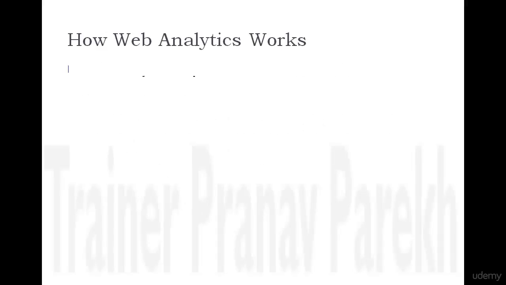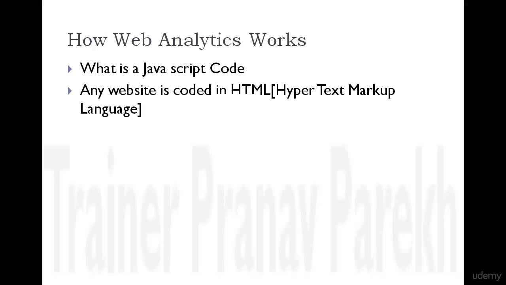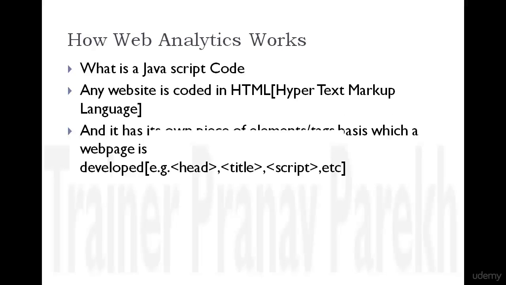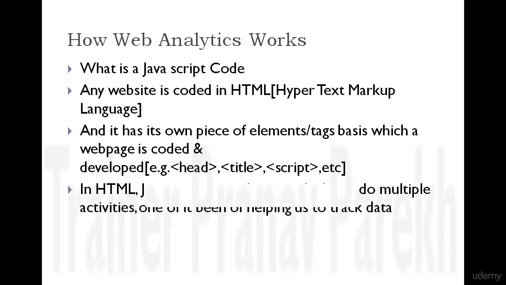To understand the mechanism of data collection, we need to understand some basic elements: what a JavaScript code is, what HTML is as a language, and what its elements are.